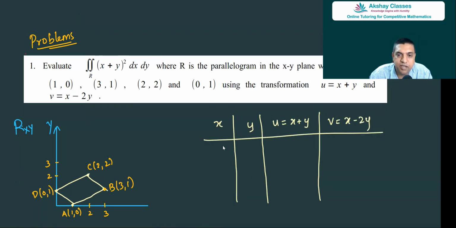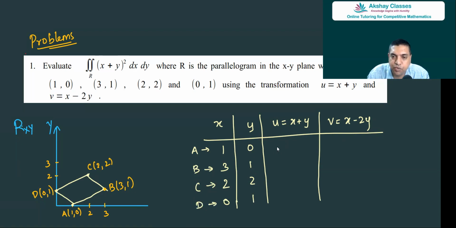So first point is xy is 1 comma 0, 3 comma 1, 2 comma 2, 0 comma 1. So these are the points A, B, C, D. How do they transform? x plus y. U will be 1. Here for B, U will be 4. C, it will be 4. For D, it will be 1.